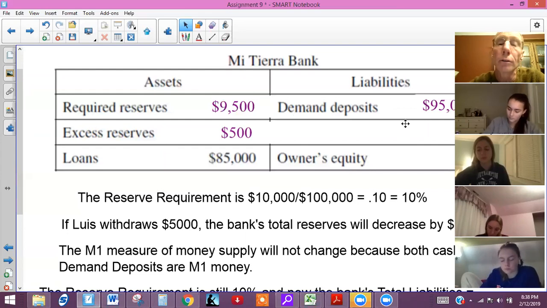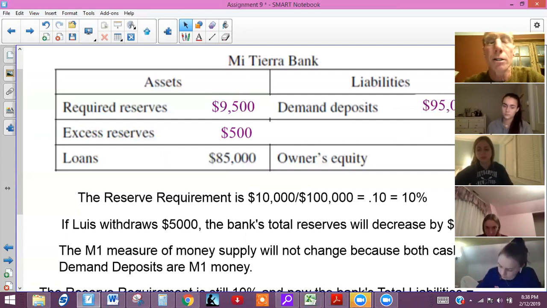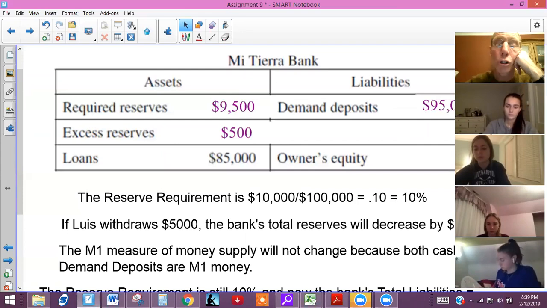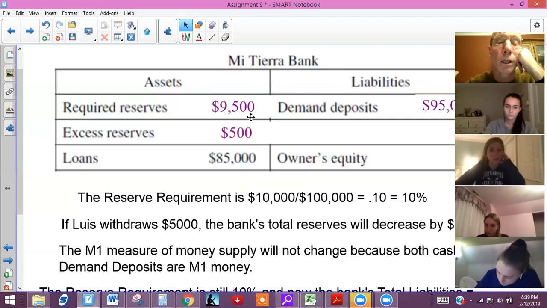So you'd have to look at all the numbers, because as the required reserves goes lower, you're only required to have 10% of whatever's over here, right? So it's one of those fluid things. But the short answer is, if they don't have enough to meet their required reserves, then they would have to borrow it. Okay? And that's it.